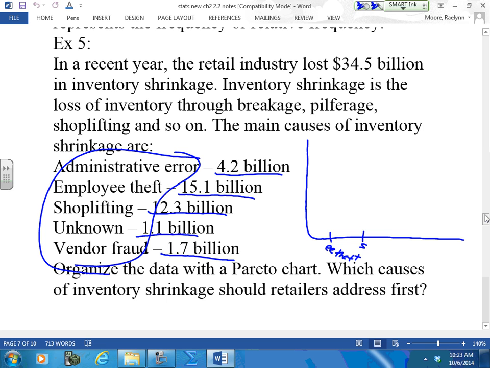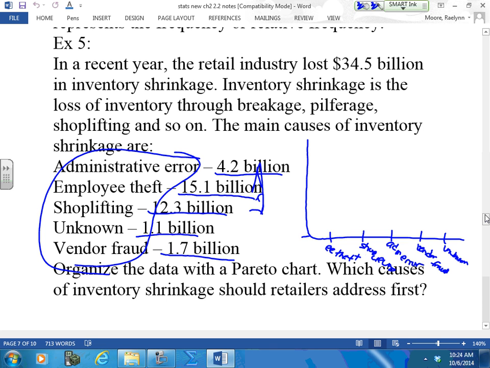Next is shoplifting. Then what? Administrative error. Then vendor fraud. And finally, your unknown. Usually everybody has some kind of a miscellaneous or an unknown. There's no reason to break your bar because there's no quantitative data on that. Your quantitative data is here.